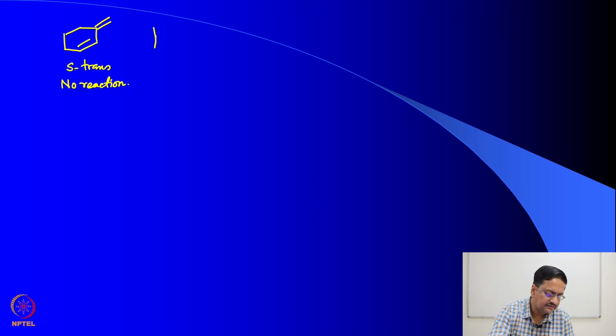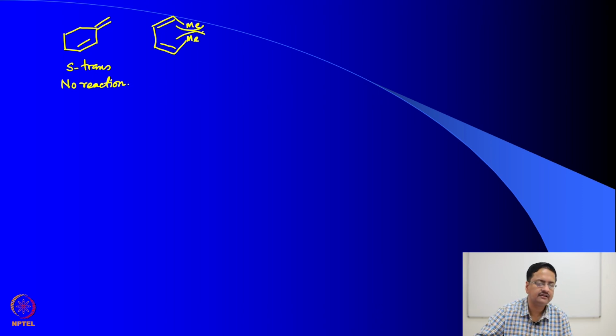If we take this butadiene with 2 methyl groups coming very close and having steric congestion, this will have, in case of s-cis conformation, steric strain.